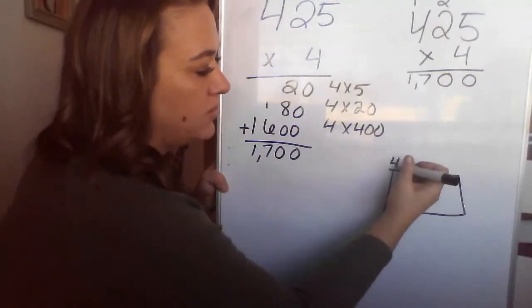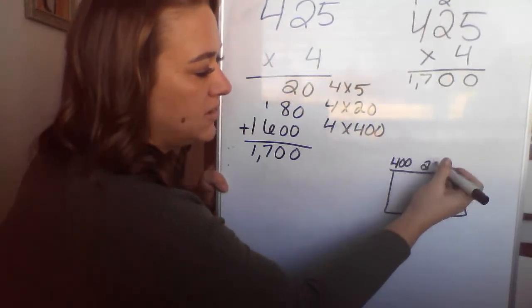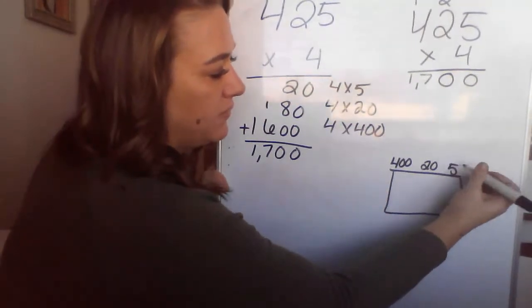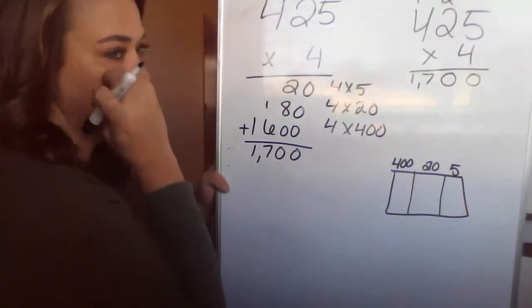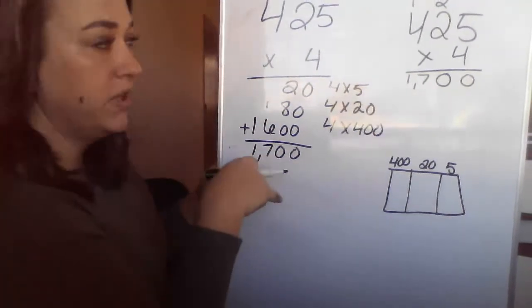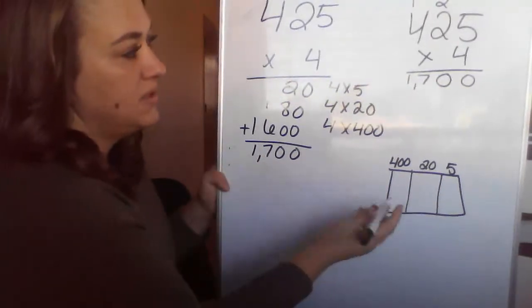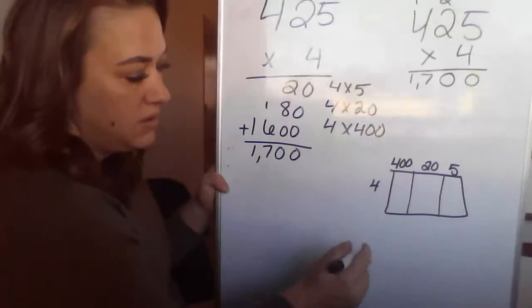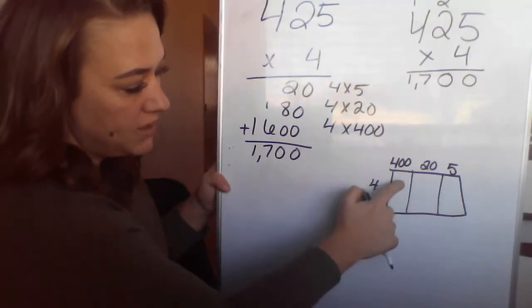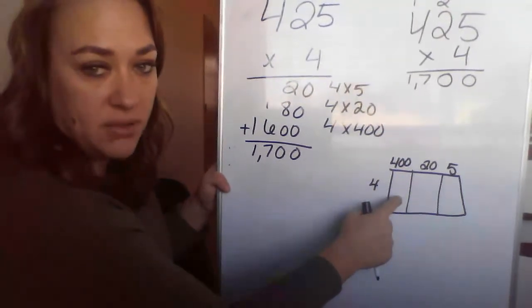So I have 425. And then I'm going to draw the lines to break that apart. I've shown you this before. So then I'm going to put the 4 on the side. Whatever's on the side, I multiply by the top, and I'm going to put the answer in the middle.